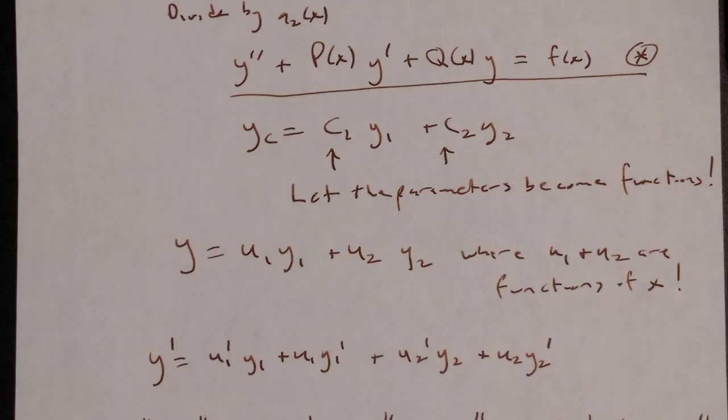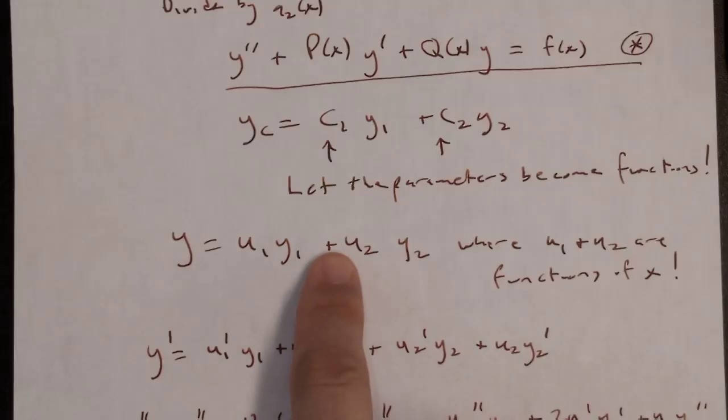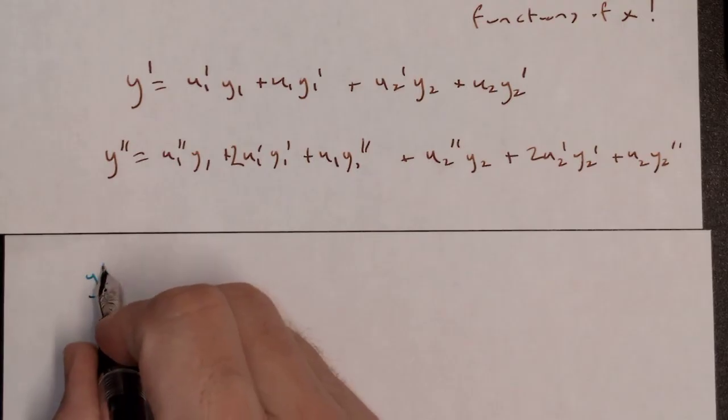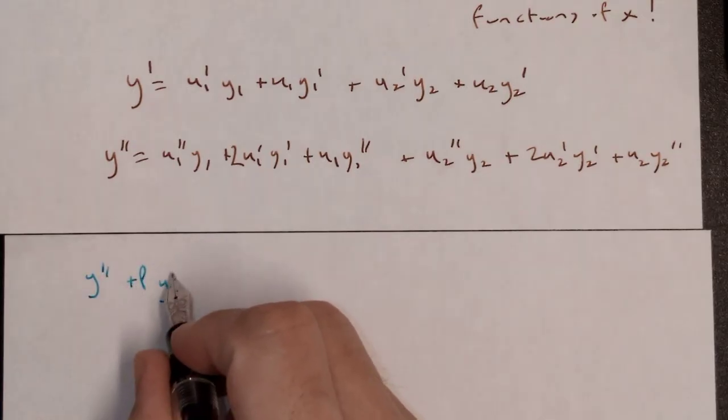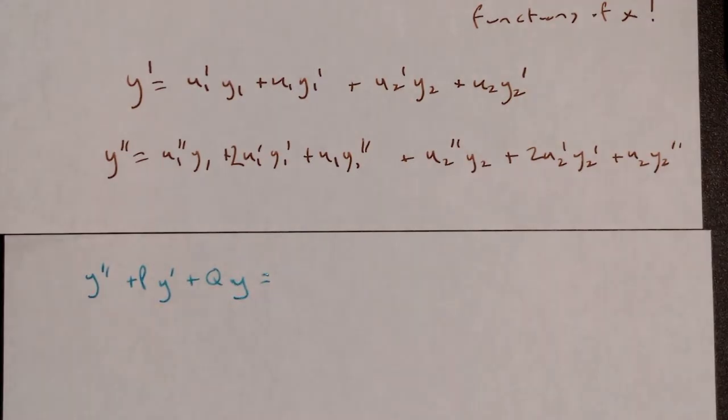Okay. y double prime plus P times y prime plus Q times y. All right, no. We can do this. We can do this.